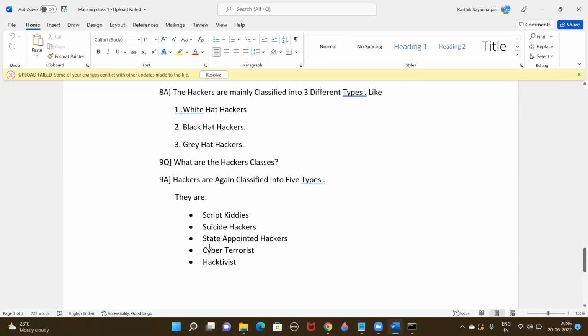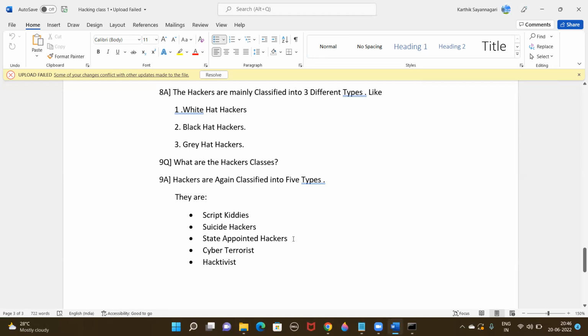Okay, next, cyber terrorist. See, an individual with a wide range of skills and motivated by religious or political beliefs to create fear by large scale disruption. Okay, these people are called cyber terrorists. And state appointed hackers: these are nothing but the people who work under the policemen.